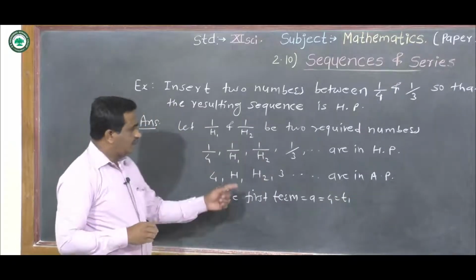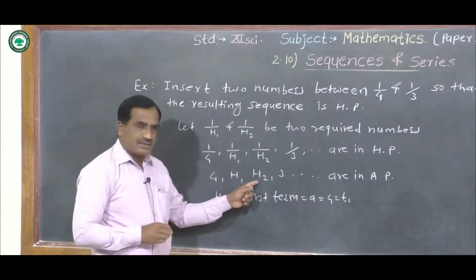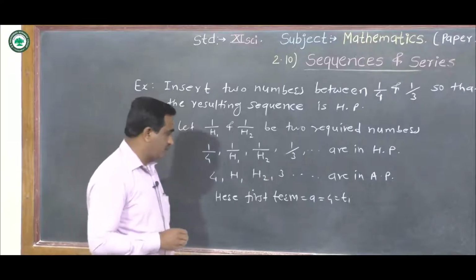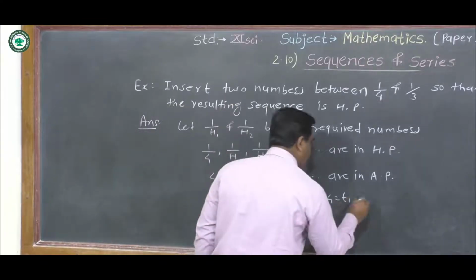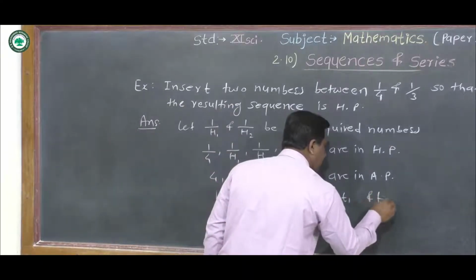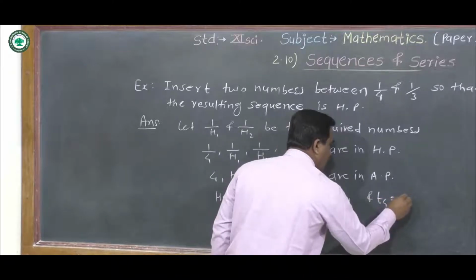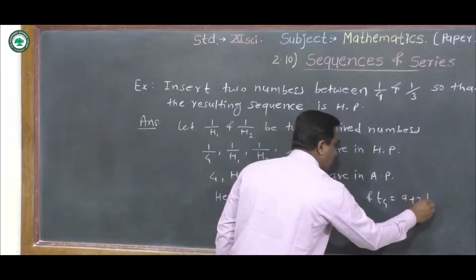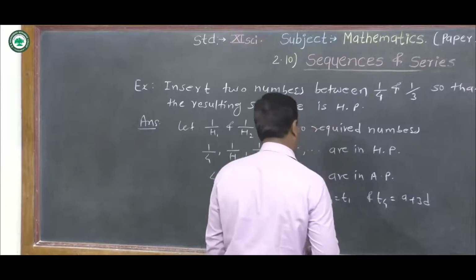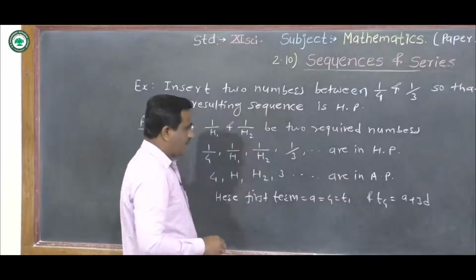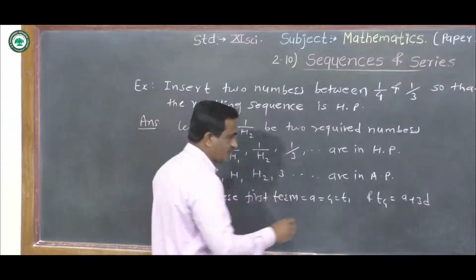And this is the second term, this is the third term, and this is the fourth term. T4 is equal to A plus 3D. Now we can write here T4 means 3.